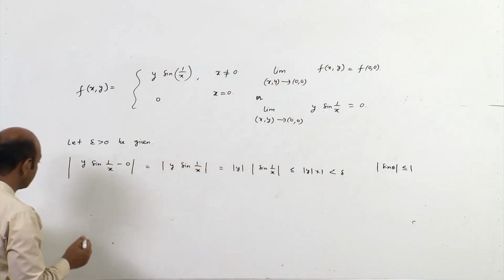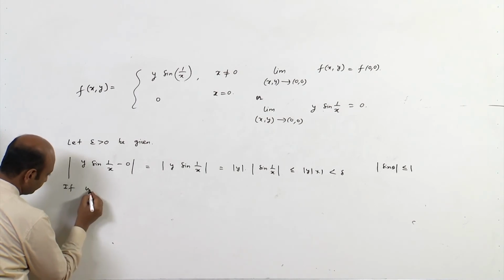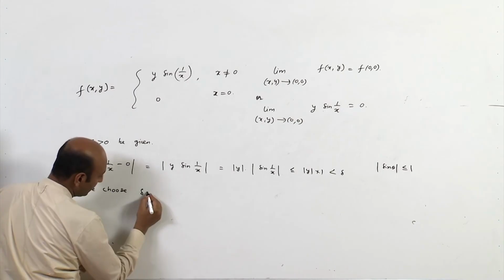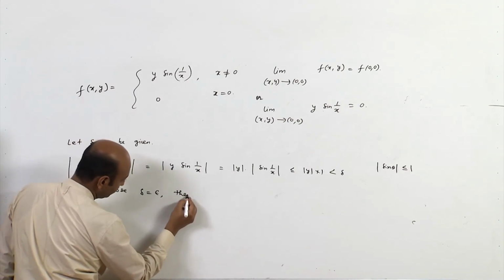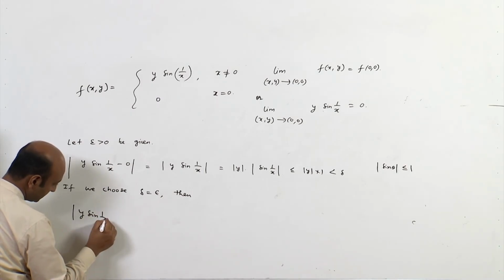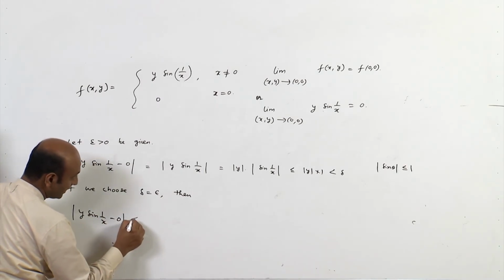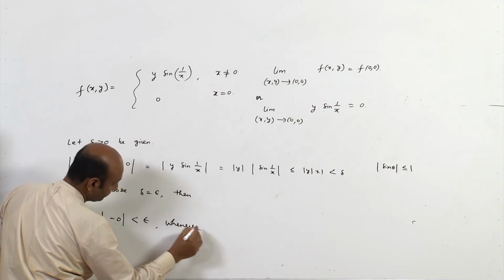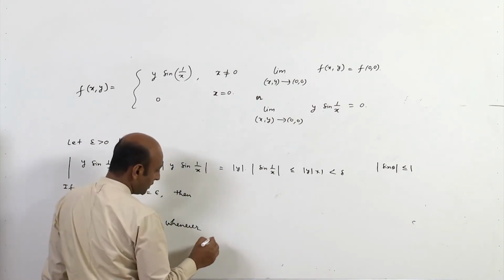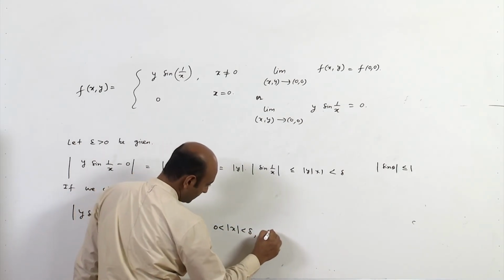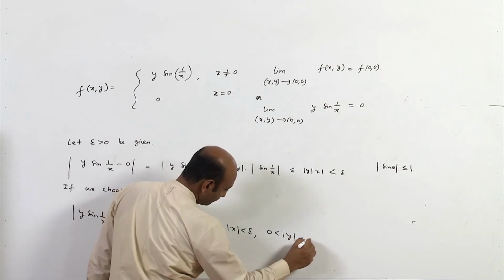So, if we choose delta equal to epsilon, then mod of y sin(1/x) minus 0 will be less than epsilon whenever 0 less than mod x less than delta and 0 less than mod y less than delta.